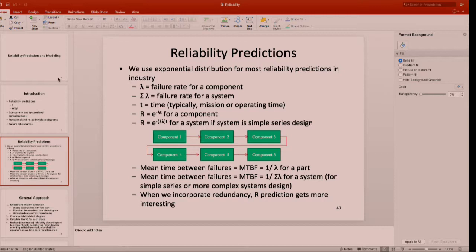But if I'm given the failure rate for a component, the failure rate for the whole system is going to be the summation of all the failure rates. Then you plug that into the exponential model equation, if you assume our system follows an exponential model for reliability, and calculate it. So far, I guess this is something that we have already seen. Any question from this slide?